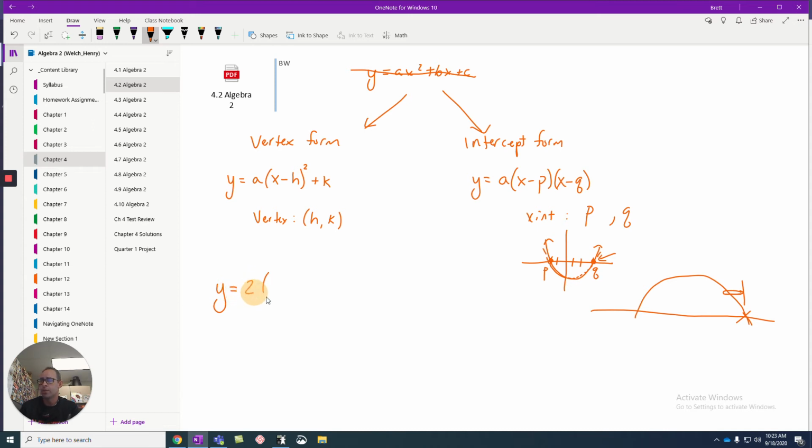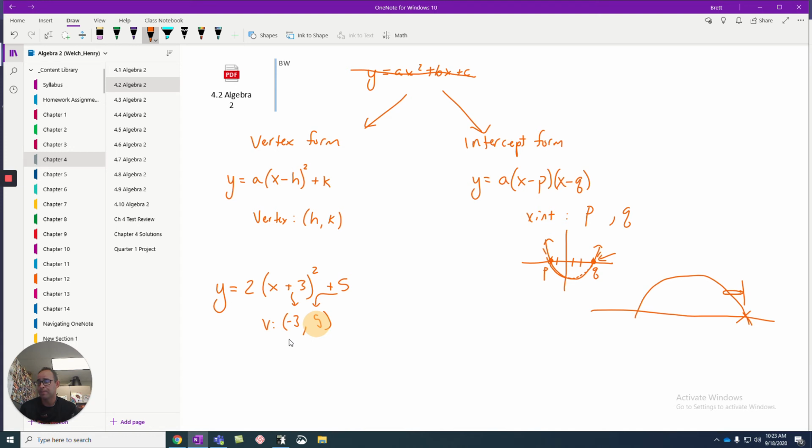y equals 2 times (x plus 3) squared plus 5. The nice thing about this is the vertex is not something I have to go searching for. I know from before that if I switch the sign of the value with x to negative 3, and keep this one the way it is at 5, I'm going to have my vertex.